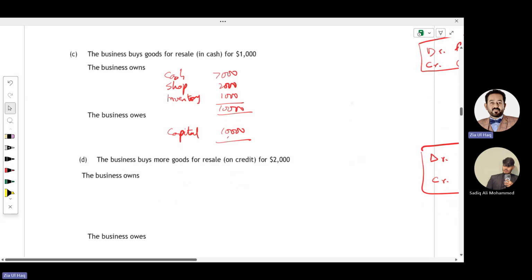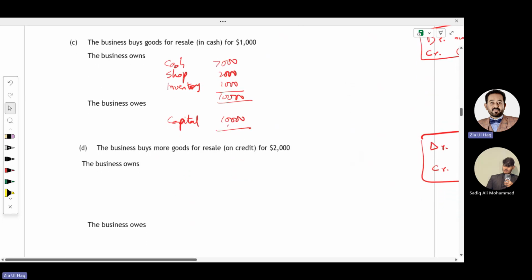From here, we are moving towards transaction D. The business buys more goods for resale on credit for 2,000. Now the business is not paying cash, but goods of 2,000 are coming. So the business owns the same cash of 7,000, a shop of 2,000, and before these 2,000 there were 1,000 of goods, so inventory will be 3,000.